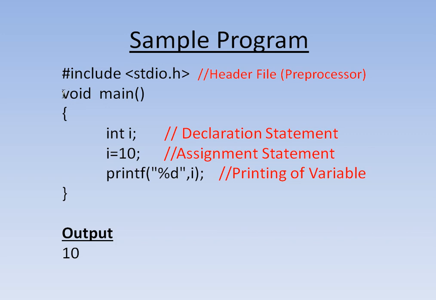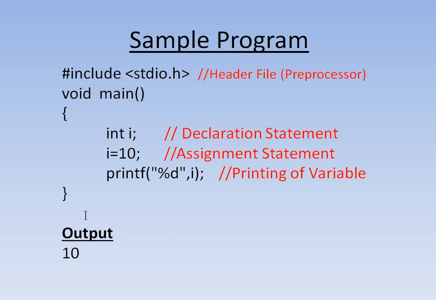Any C program will have a main function, which is the landing function for any C program. We have got an int I, in the sense we have declared a variable I of type int. I have assigned a value I equal to 10. I have printed it. Regarding the syntax and all, we'll see it later in the coming videos. I have just printed it, so I'll get an output of 10.